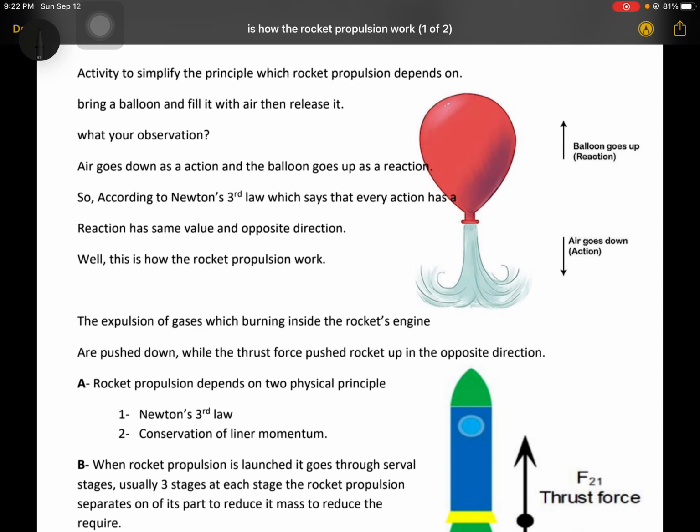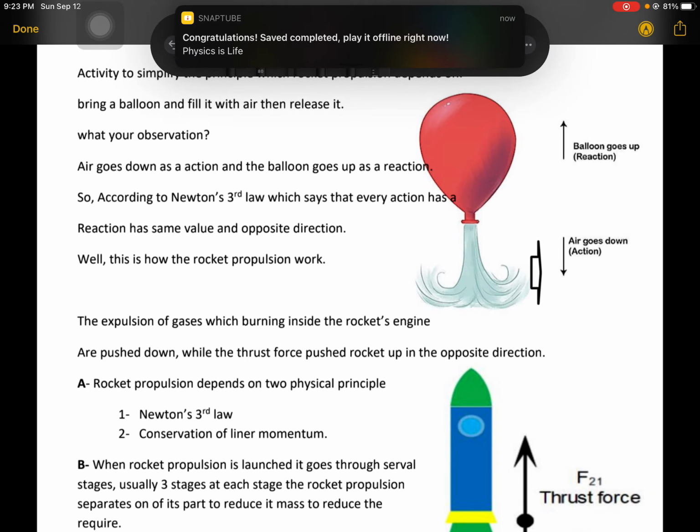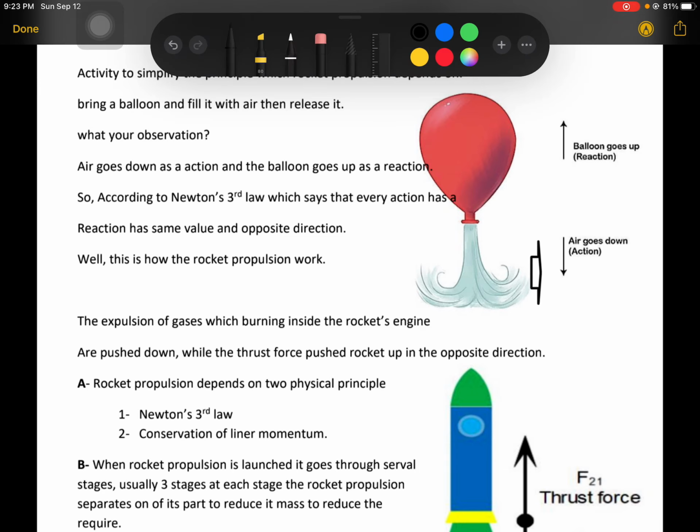If we have a balloon like this one, filled with air, and you just release the balloon, the air goes down in this direction, and the balloon goes up as a reaction of the action of the air.